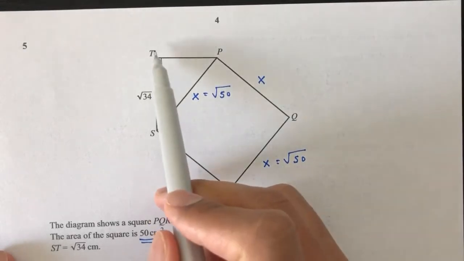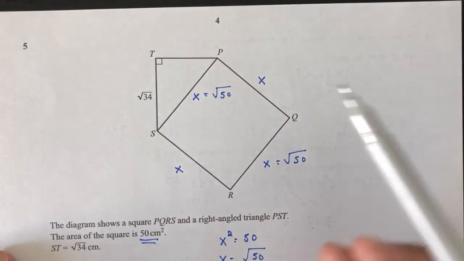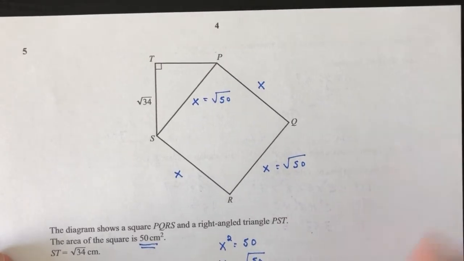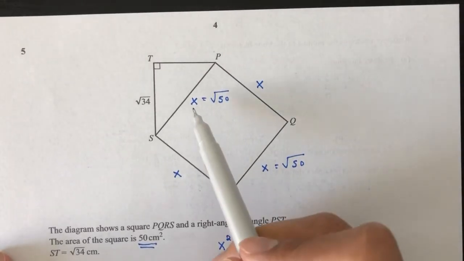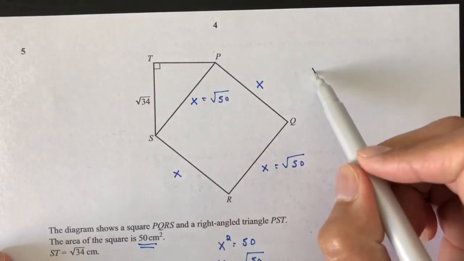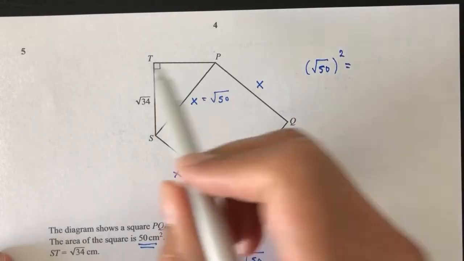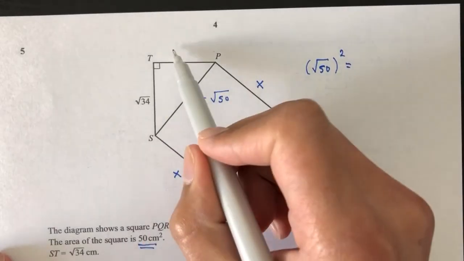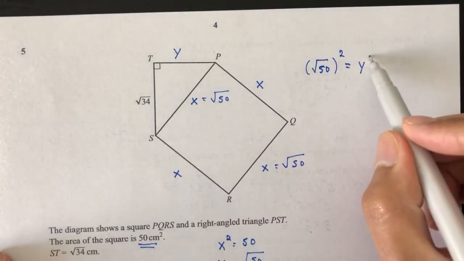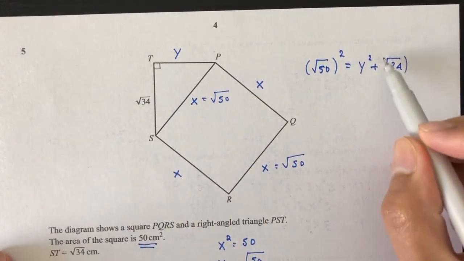PT is this side. As we know, when we have a right angle triangle, we have to use Pythagoras theorem. So this tells us that this side, which is square root of 50 squared, is equal to the sum of these two sides squared. So let's call this y. Sum of y squared plus this side squared.